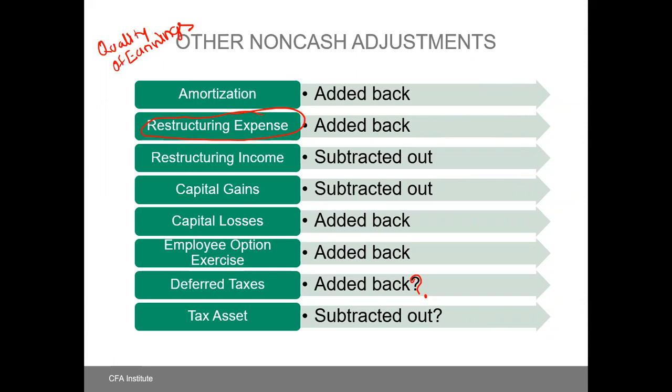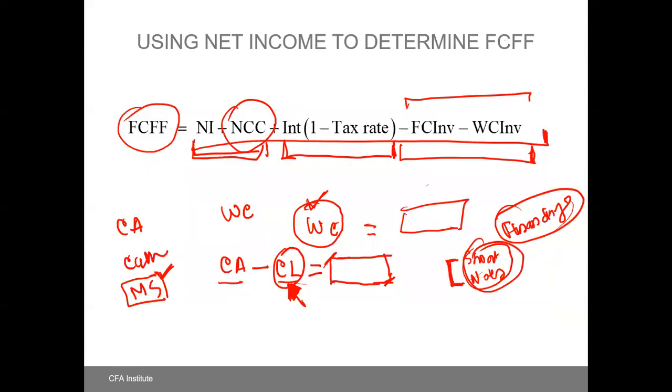But if the answer is number 2, which I mentioned, that it is expected to repeat in future, in that case we should add it back to the net income. So these are some advanced issues. You'll not be tested on each of these, but you should be familiar with at least the idea of this, so that you'll be aware of it.